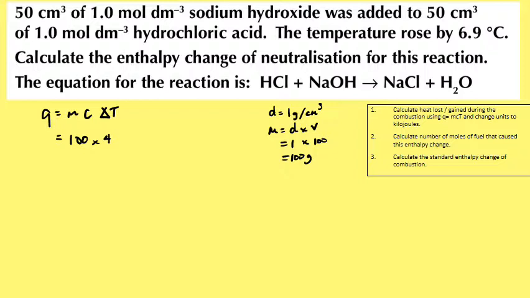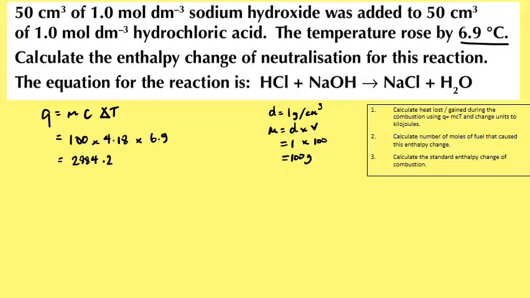So we're going to use 4.18 again, and that's our C. So we can move on to our delta T, and in the equation we don't even have to subtract initial from final temperatures, because the question gives us the temperature rise, so it's 6.9. Okay, so we just work that through, and that comes out to be 2,884.2 joules.